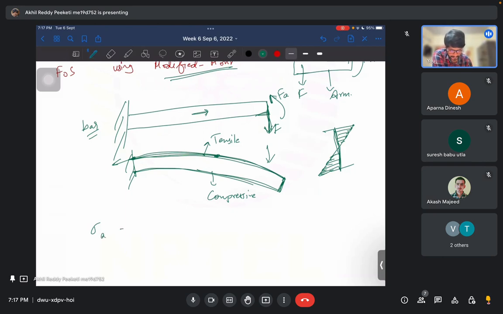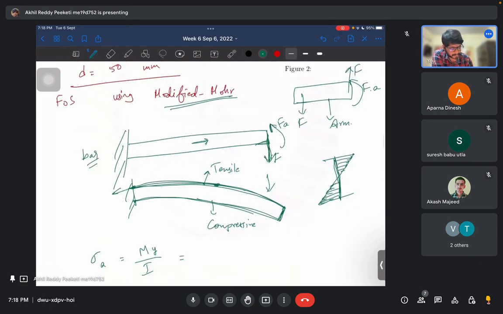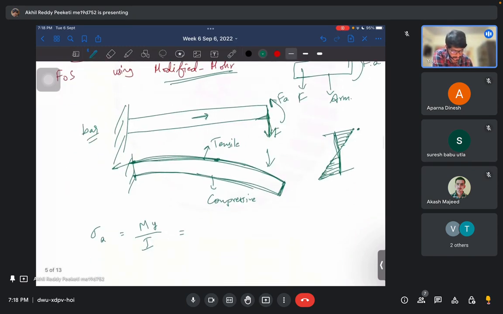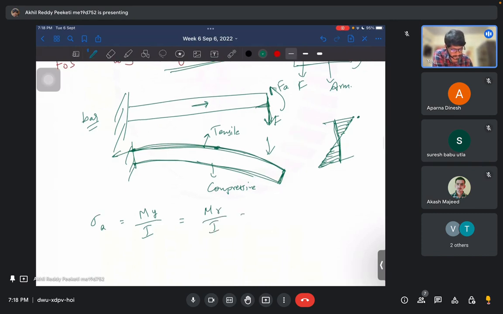To get the tensile stress for a moment, the formula directly is My by I. It will be maximum at the outer circumference, so this would be Mr by I. Here r is d by 2, and I is pi d power 4 by 64.